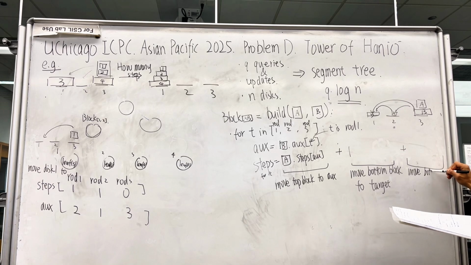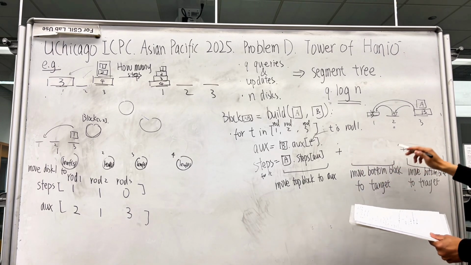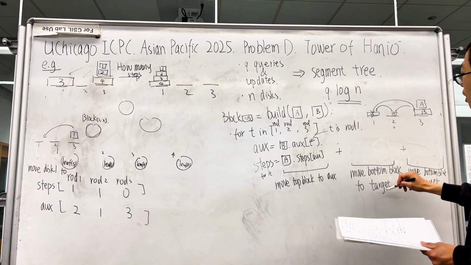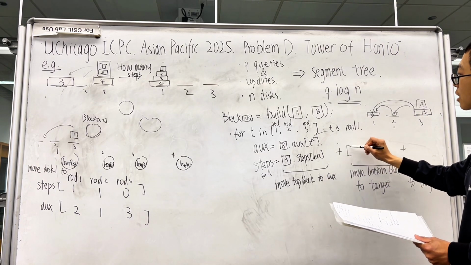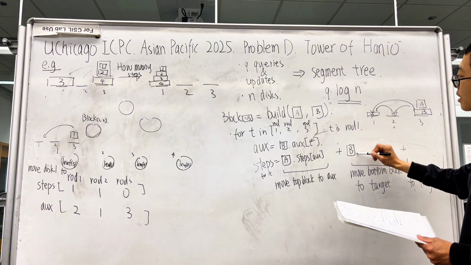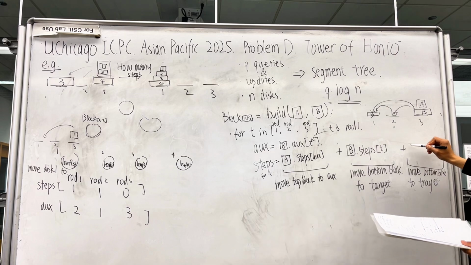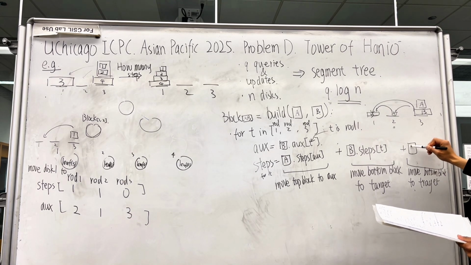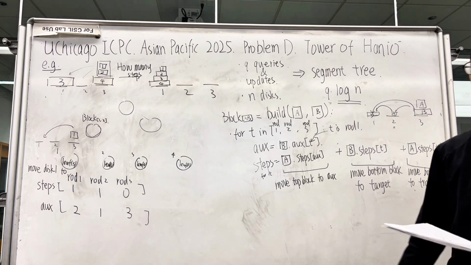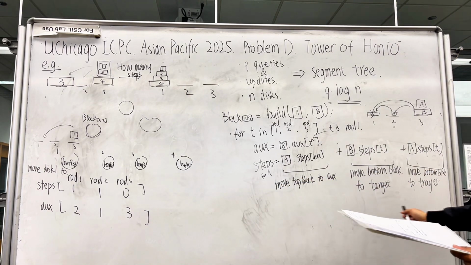So move bottom to target. So for the middle part of moving the bottom block B to the target, it does block B dot steps to the target position plus the final block of moving A dot steps to the target. So the steps will become the sum of these three parts.